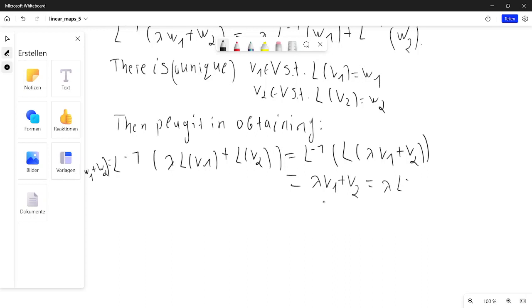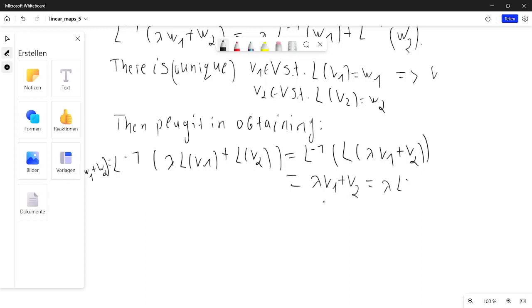Okay, what do we have now? How do I do that best? From here, just apply L minus 1 on both sides; application of the same thing to equal elements doesn't change anything.